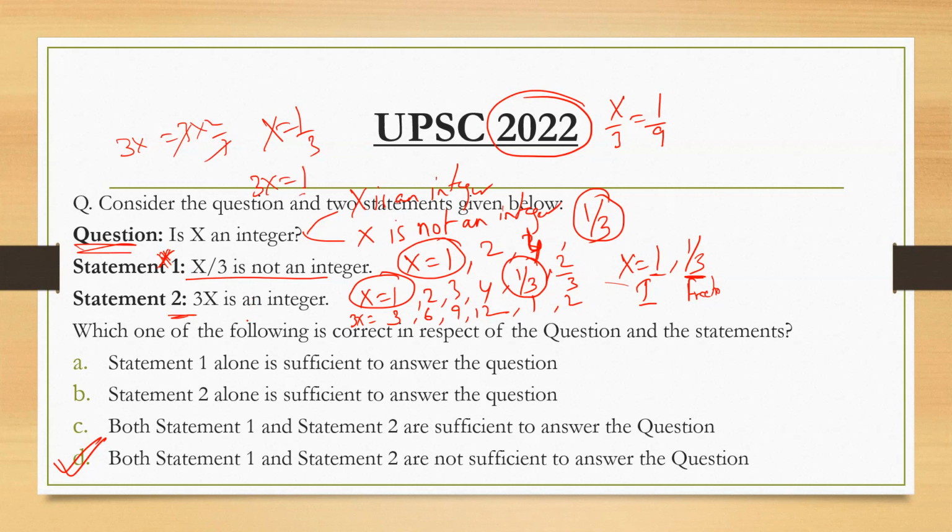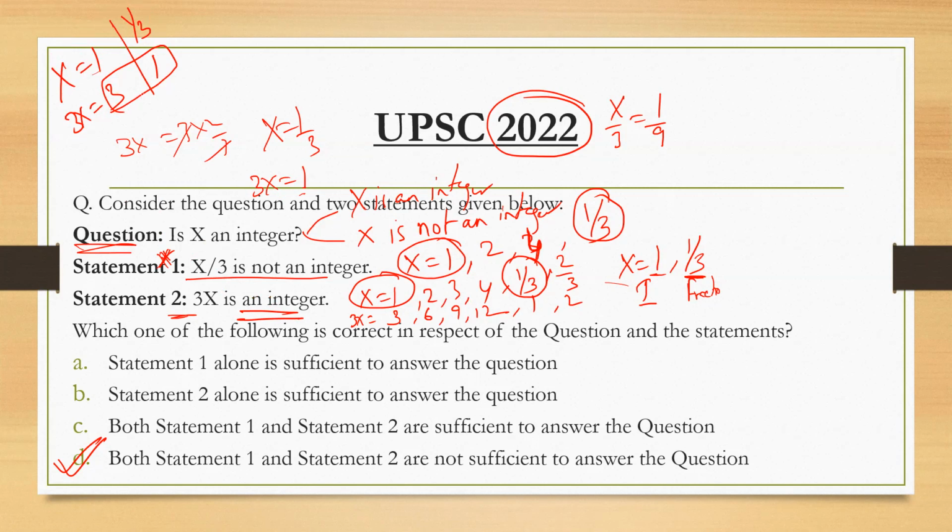So what I'm observing here is, let me write it down properly. When you put the value of x as 1, what value of 3x do you get? 3. When you put x as 1 by 3, what value of 3x do you get? 1. In both the scenarios, 3x is an integer. So for an integer value of x as well as a fraction value of x, I'm getting 3x as an integer.